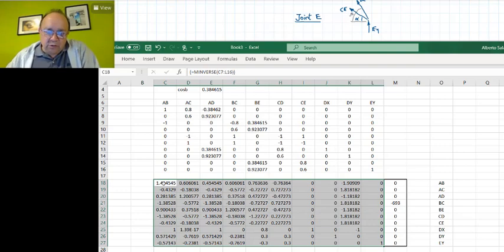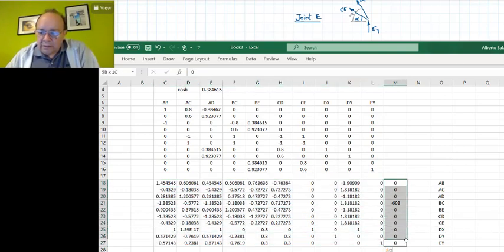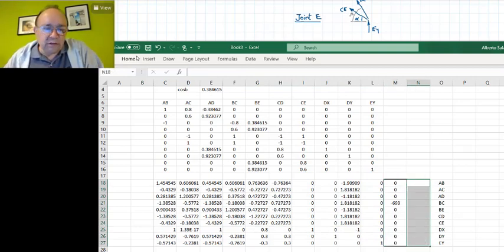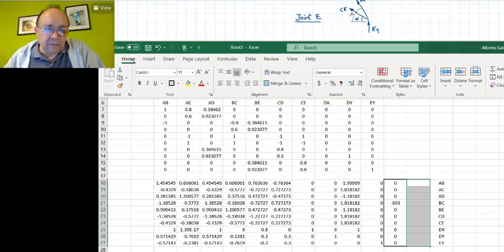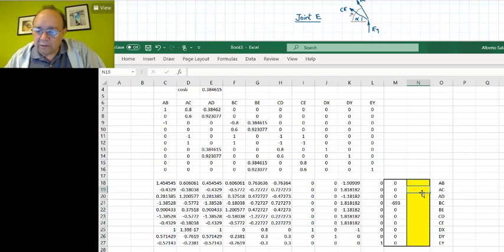Now you need to multiply this times this, and we're going to put the result here. That's going to be the solution.